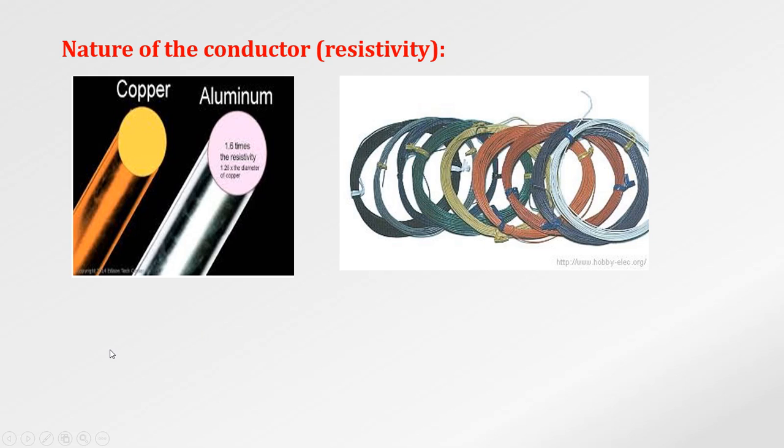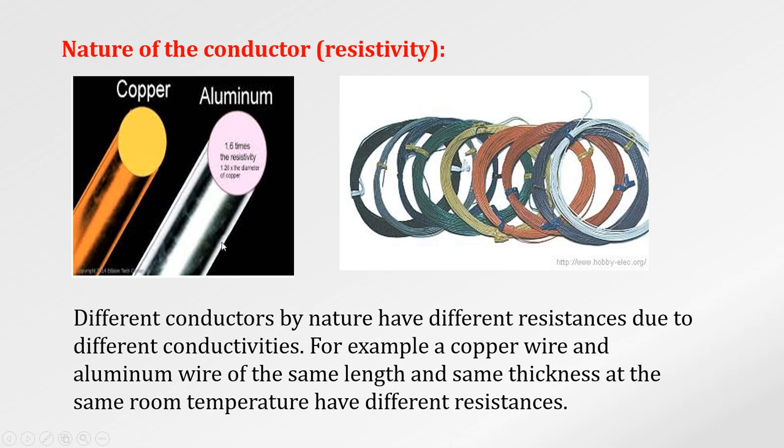Materials. So for wires which have different materials, even if they are of the same length and the same cross-sectional area or thickness, the resistance will still be different. So that means what is now affecting the resistance is the nature.